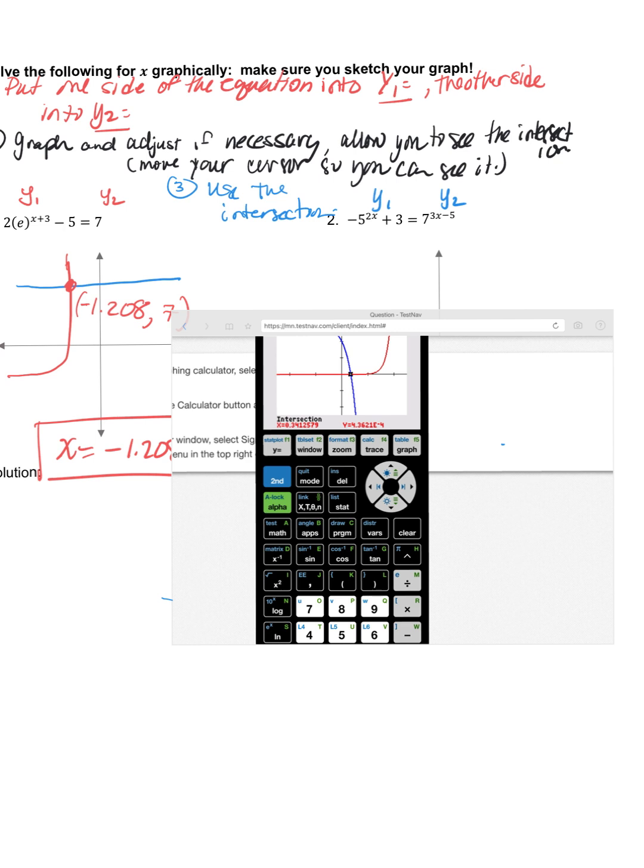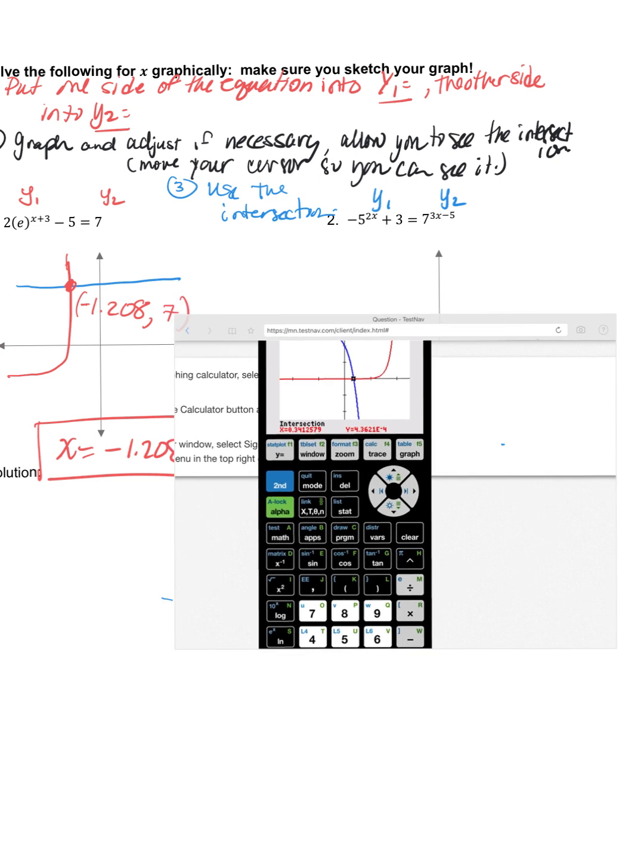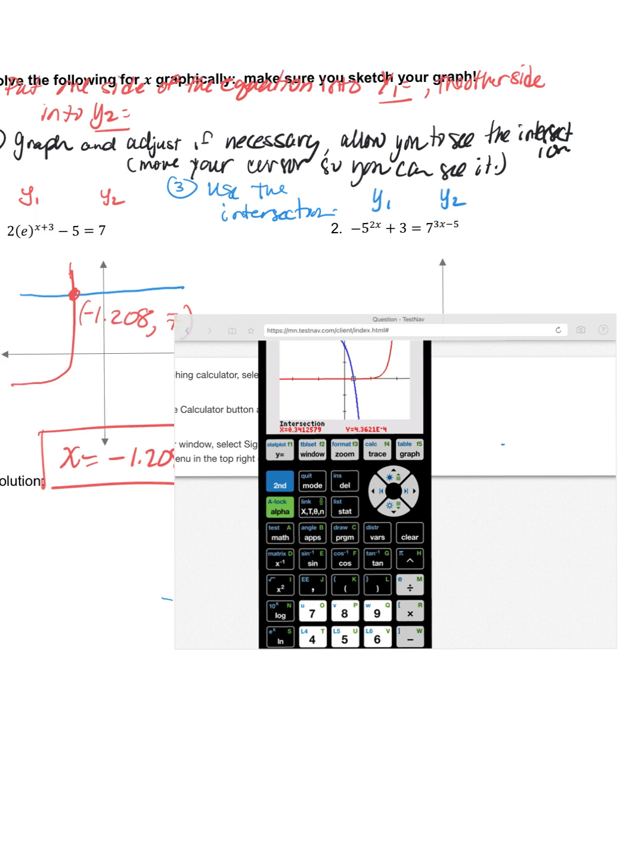So our intersection here is 0.341, comma, and again, you have that 4, 3, 6, 2, 1, and then that e, it's a negative number.